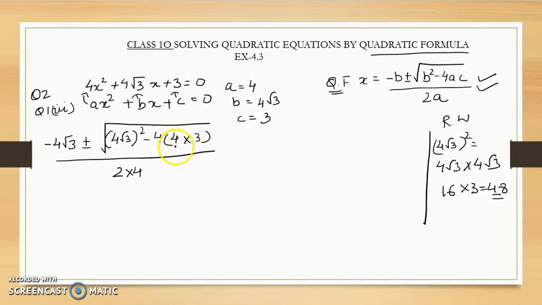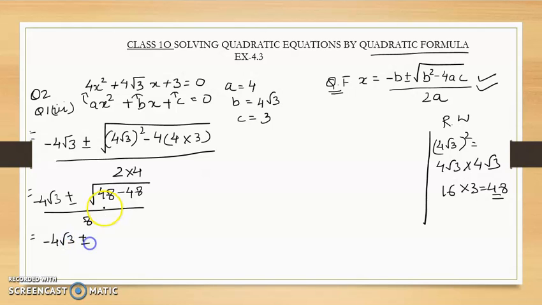Now, minus 4 root 3 plus minus the square root of 48 minus 4 times 3 times 4. Multiply this: 4 threes are 12, 12 fours are 48. So minus 48, square root, upon 2 fours are 8. Followed? This is equal to minus 4 root 3 plus minus the square root of 48 minus 48, which is 0.